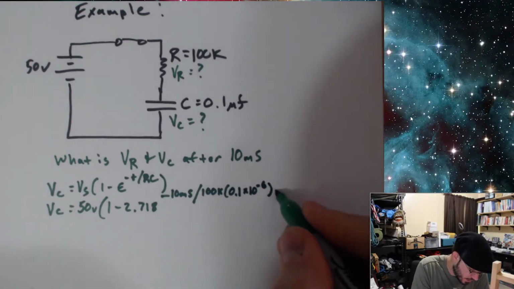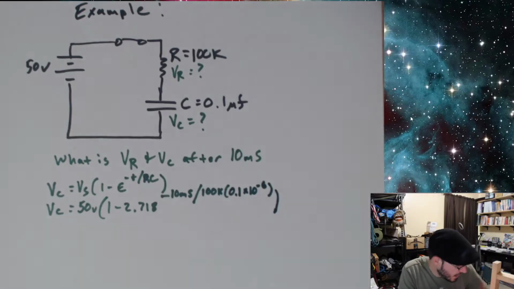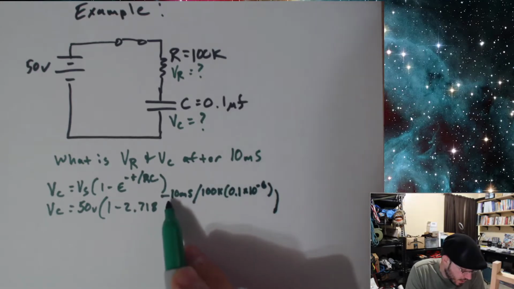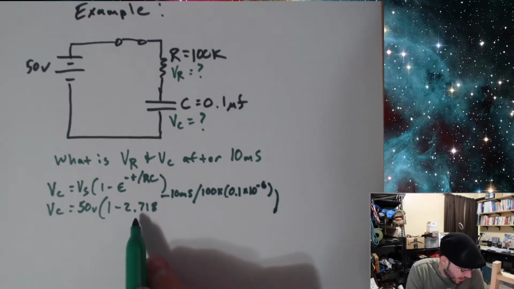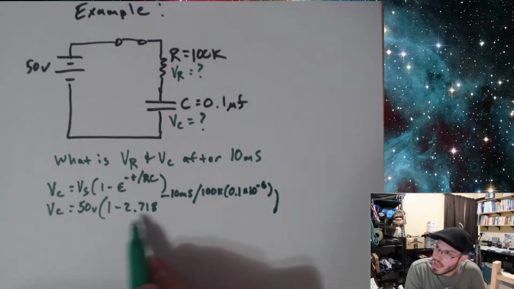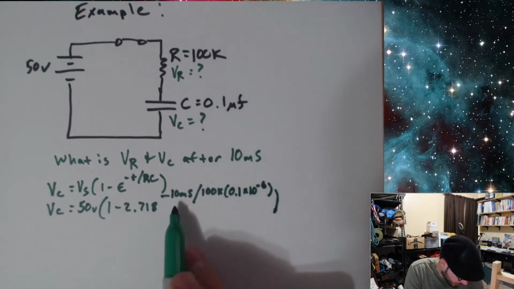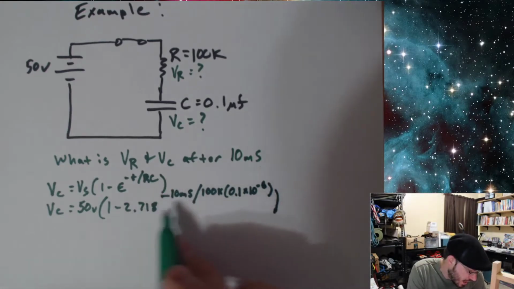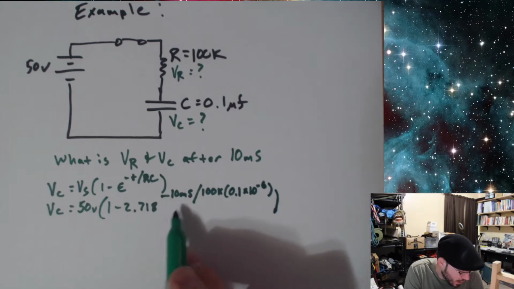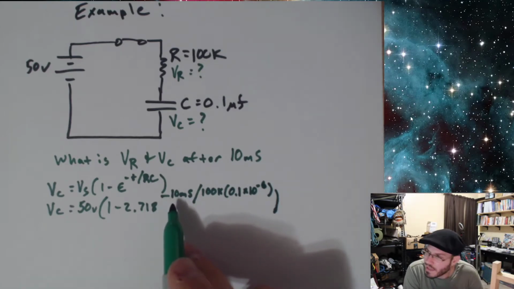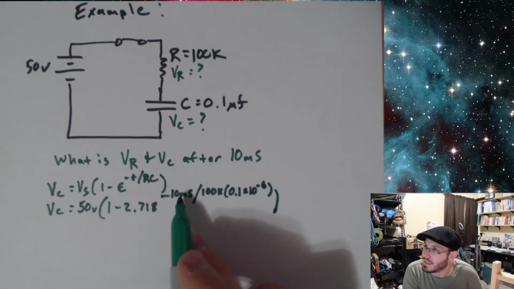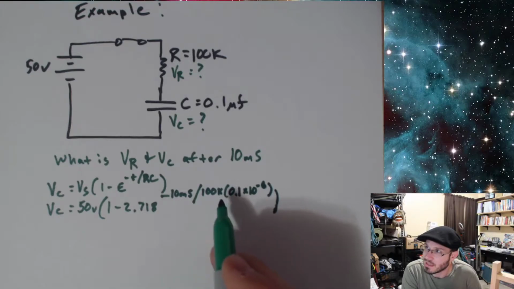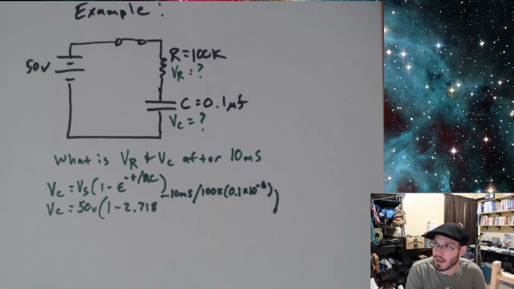Okay, that's going to give me a value. So once you punch this into your calculator, you would do 1 minus 2.718, or you can use the epsilon button in your calculator. You should have one somewhere around the pi button of your calculator. And then raise that to the power of minus 0.01 for 10 milliseconds divided by 100,000 times 0.1 times 10 to the minus 6.